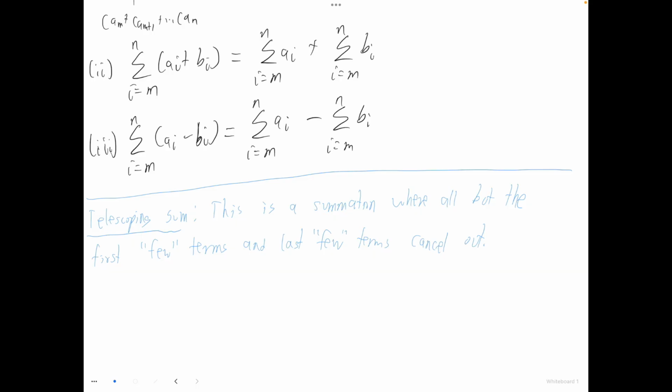Okay, so telescoping sum, all but the first few and last few terms cancel out. So we can simplify it dramatically. It kind of collapses in on itself.